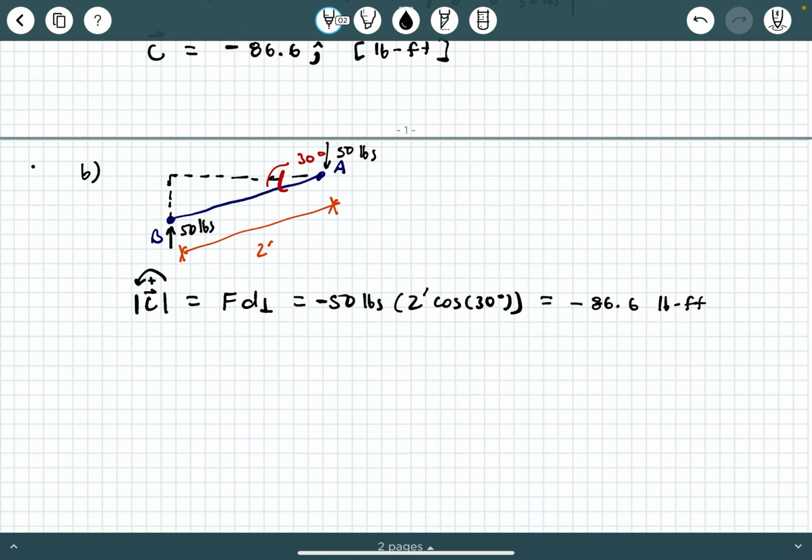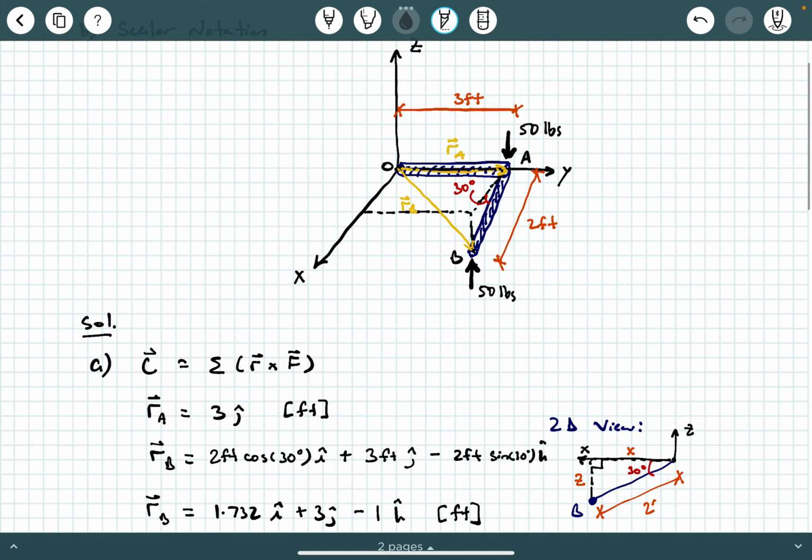Now, if you really want to write this truly as a magnitude, then magnitude is independent of the direction. So if you were to truly express this as a magnitude, you would just leave off the negative and say 86.6 pound feet, okay? But that negative is going to indicate a clockwise tendency of rotation when we are looking in this direction, okay, in 3D, this direction.